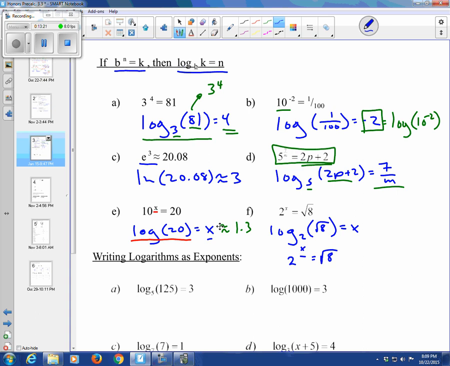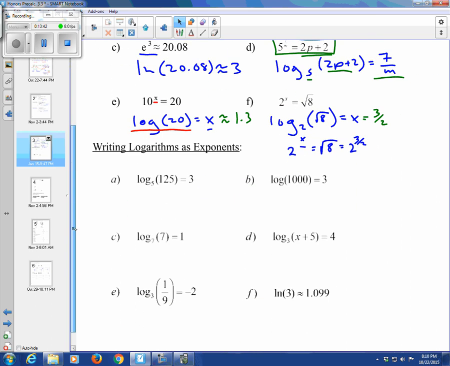I can say that 8 is 2 cubed, and the square root is an exponent of 1/2, so this would be 2 to the 3/2. And that gives me my x value. So what do I have to raise 2 to in order to get the square root of 8? That would be 3/2.